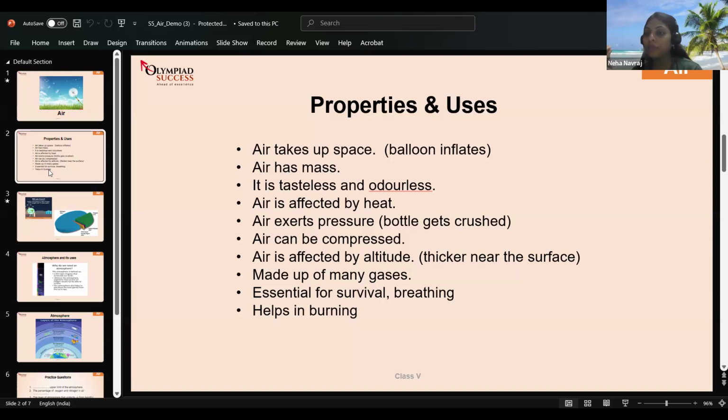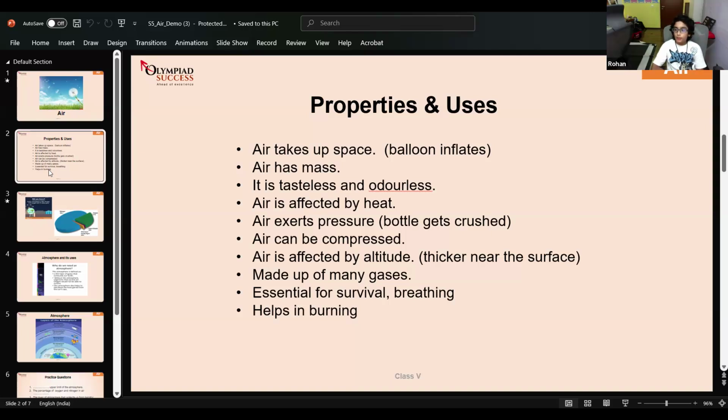Oxygen is a part of air, which is a mixture of gases, and you get oxygen from the air.